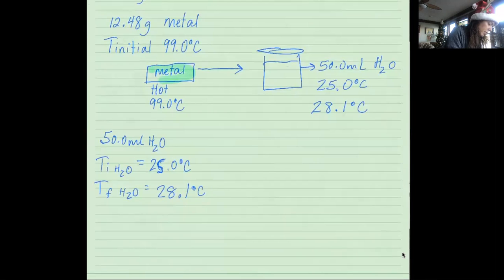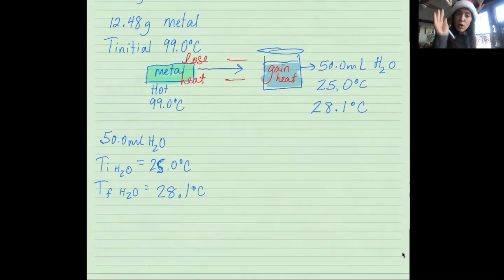Now let's just talk about what's going on. We have a hot piece of metal going into our water. So we know that here we will gain heat, and over here we will lose heat. But we know that the heat gained will be equal to the heat lost. And we know that they will both come to the same temperature.